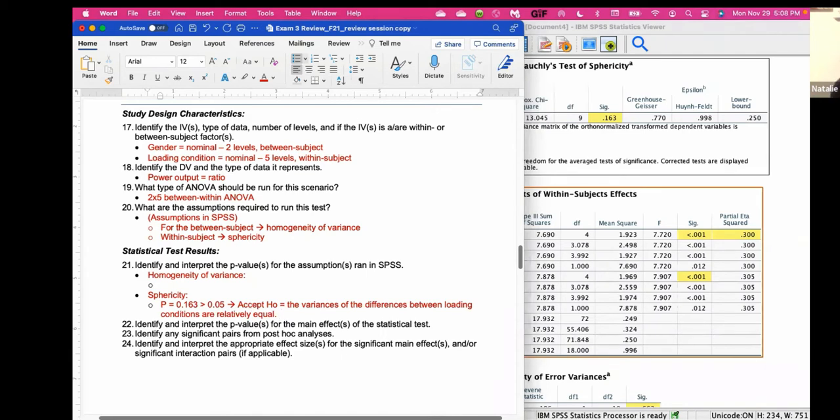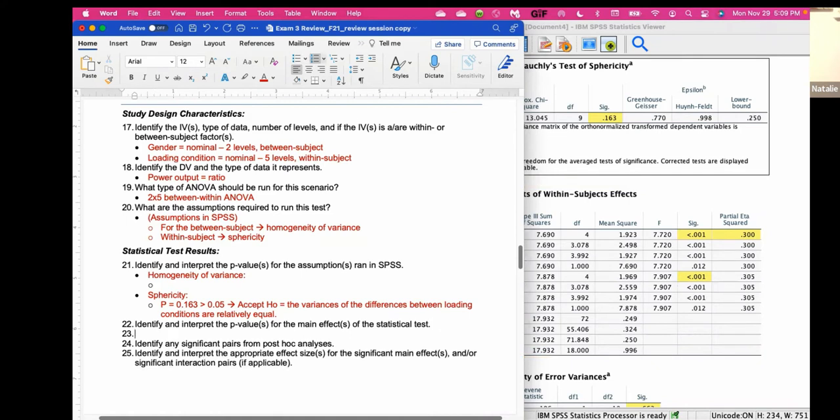And because we accept sphericity with our within subject factor, we're also going to say we accept, or assume, sphericity for our interaction effect.